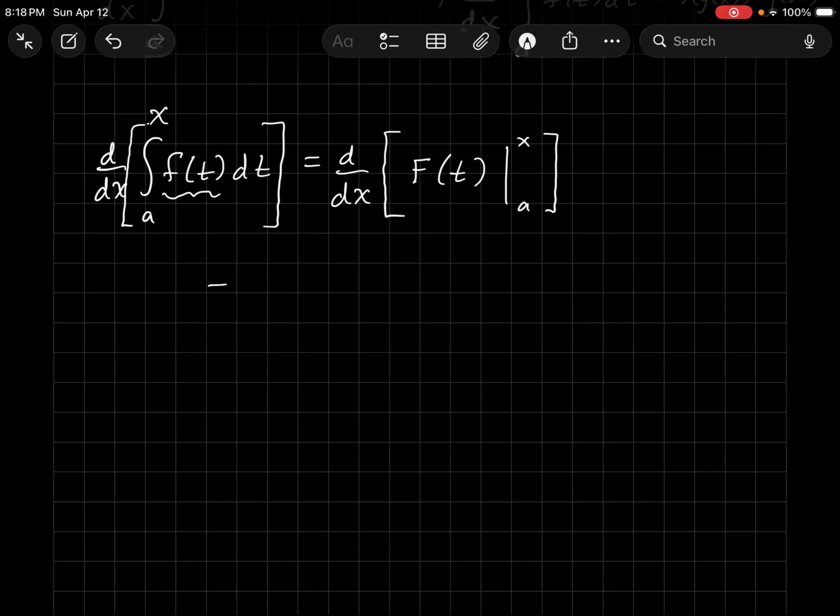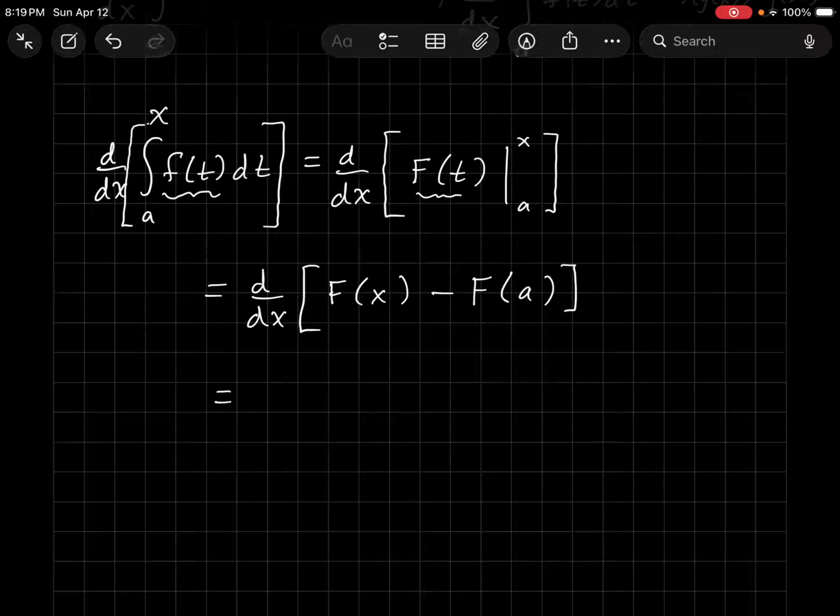By the Fundamental Theorem of Calculus Part 1, the part that I teach first, this says, take our antiderivative, big F, plug in the top limit, x, minus plug in the lower limit, giving us big F of x minus big F of a. And now we can take the derivative.